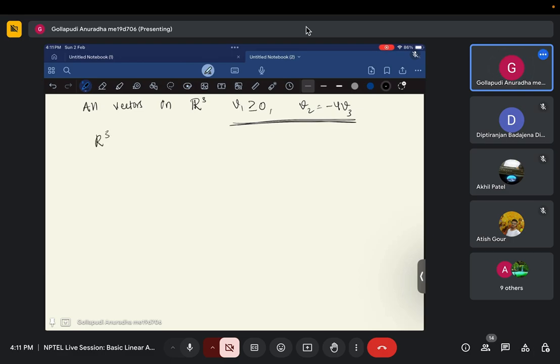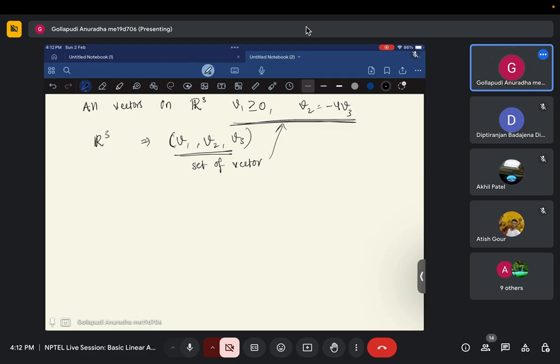R3 space. So any vector will have 3 components. So for a set of vectors, whatever numbers you give here, they'll give the set of vectors, and we check whether they satisfy this constraint, whether they'll form the vector space or not.